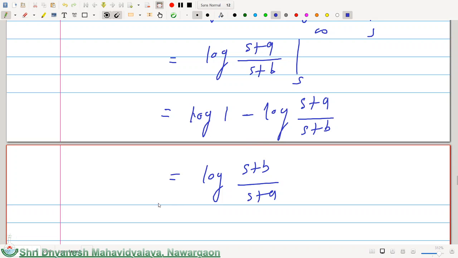Okay, so this was the Laplace transformation of (e to the power minus at minus e to the power minus bt) upon t.